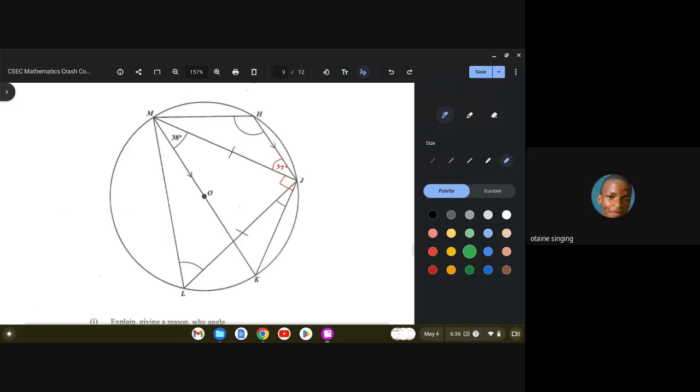Sir, add 38 plus 90, equal 180. So the 38 plus the 90, and then you take 180 and subtract that from it, and you'll find angle MKJ. Okay, that is true, MKJ, right?